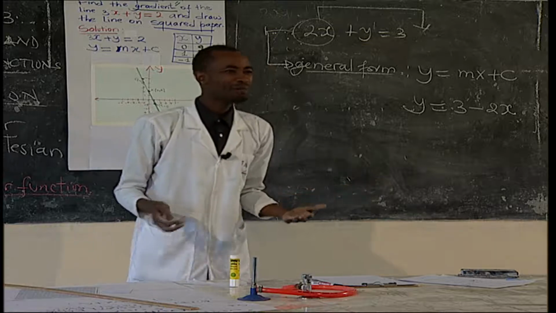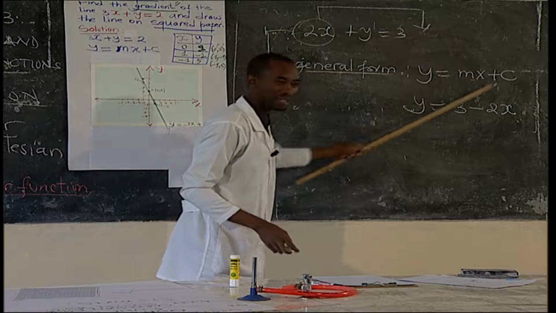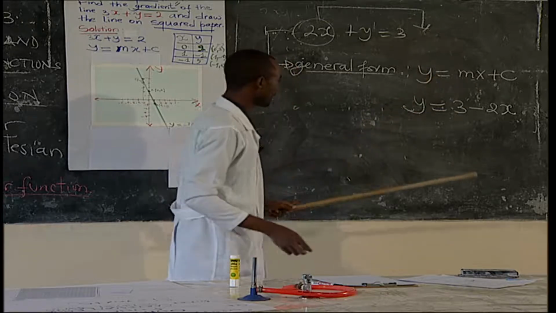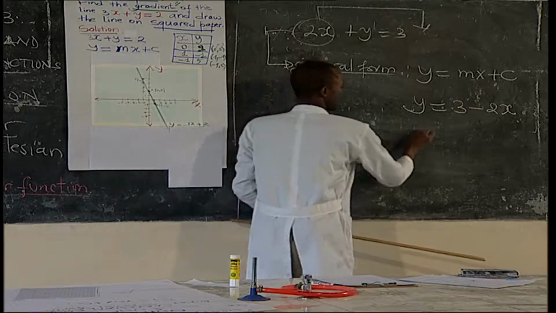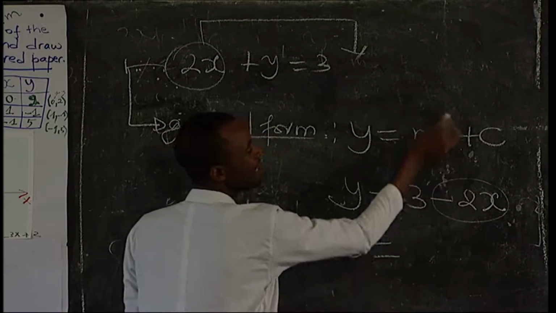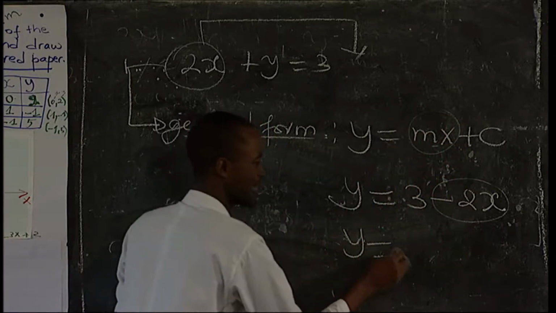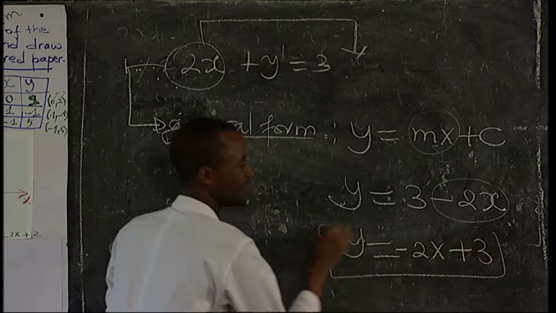Still, I'm not yet in the form of a linear function, because I need to have y equals mx plus c. If I continue, I get this one. It has to be at this place. Now we have negative 2x, then plus 3. You see?